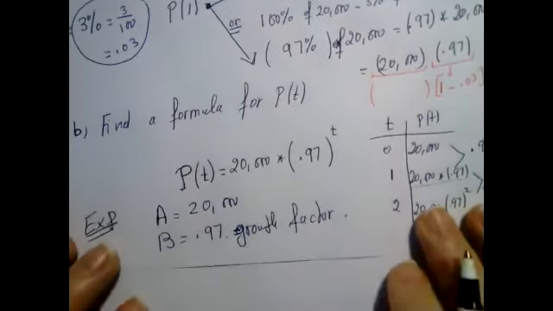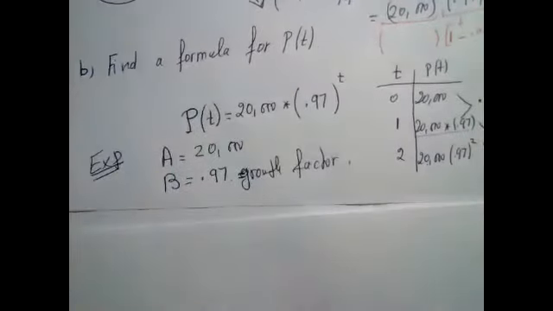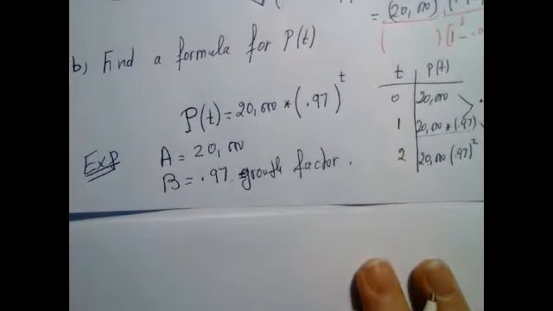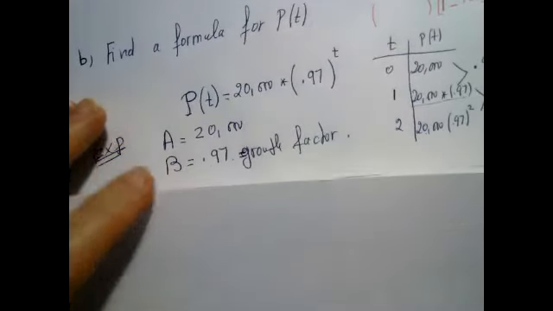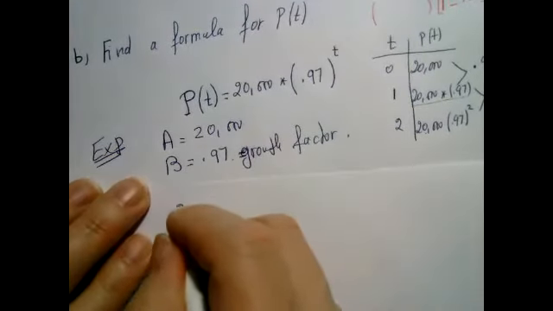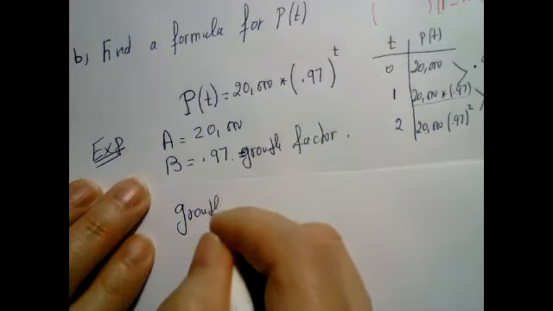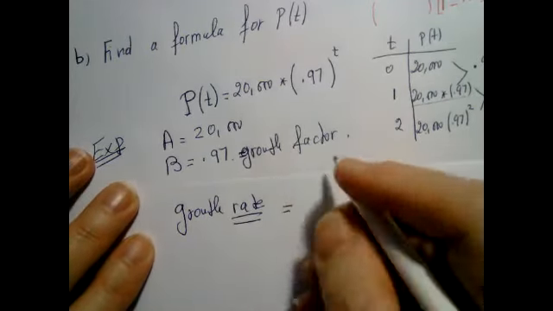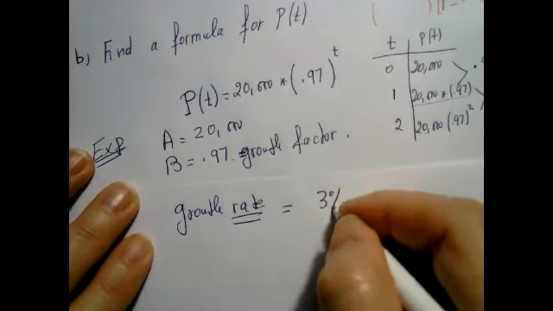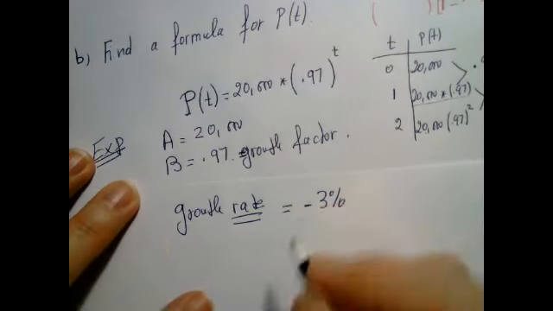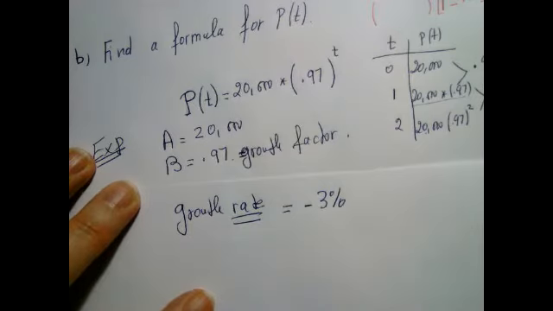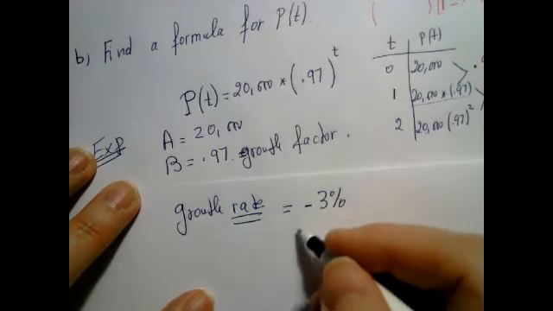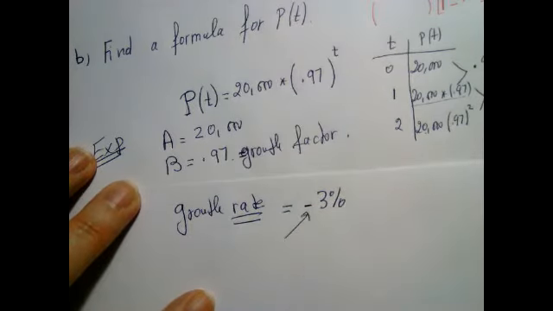Okay. Now, the growth rate in this case, I know that there are those two words that my goal is for you to understand today, actually. The growth rate here, the rate, is 3%, but I'm going to put a minus 3%. What is the minus coming from? The minus reflects the idea that we are decreasing.